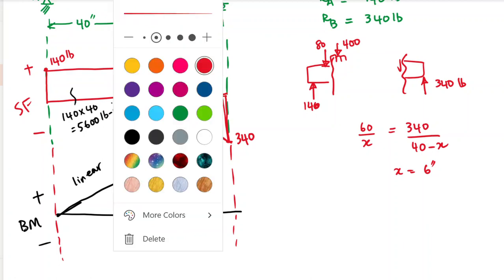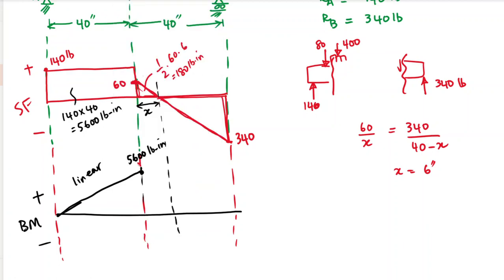So 180 pound inches is the additional moment, again remember that also is the positive side, that has to go on in that section. You have 5600 here, there has to be 180, so you will get to 5780 pound inch.